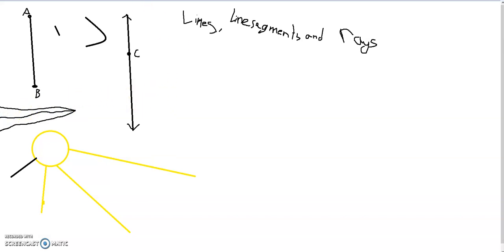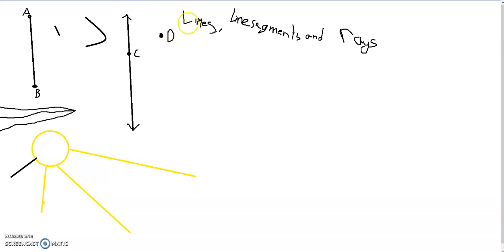But rays are what rays are basically. They have a start point or an end point, whichever you like to think of it.